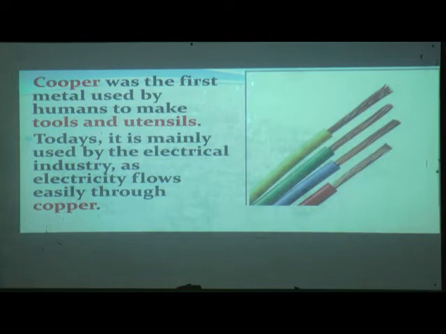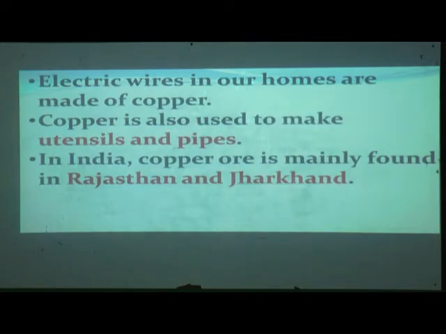Why are we using copper in the electric industry? Because electricity flows easily through copper. So we are using it. Electric wires in our homes are made up of copper. Yes, inside our home we have wires, isn't it?